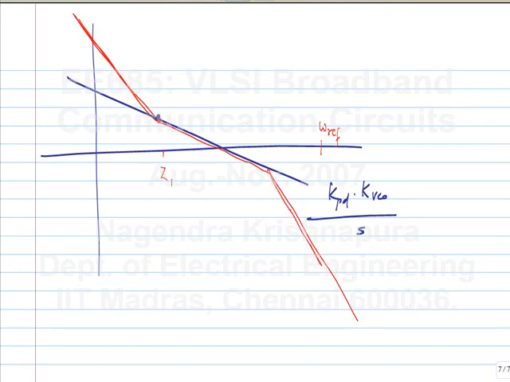So the closed loop gain of a feedback system is of the form H ideal, where H ideal is the transfer function with infinite loop gain, right, times L over 1 plus L. Okay.